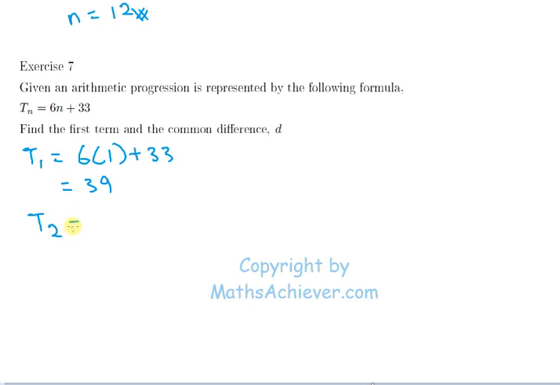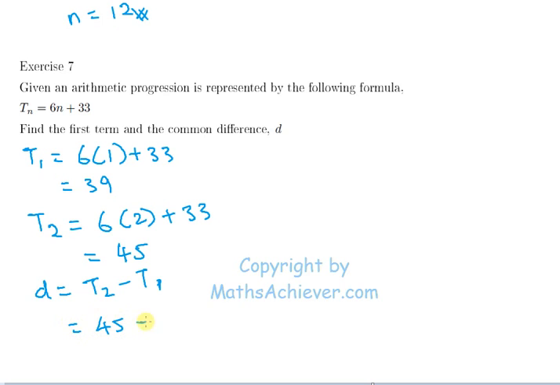So T2 would be 6 times 2 plus 33, which is 45. So the common difference D equals T2 minus T1, which is 45 minus 39. So D equals 6.